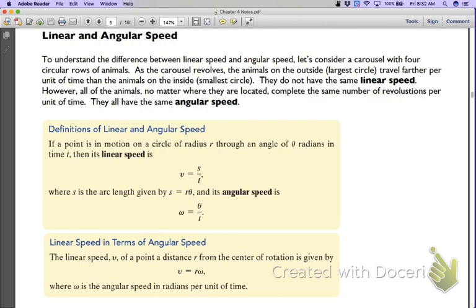So the biggest thing is you have 2 different values. To find the linear speed, you're going to have to use the angular speed.